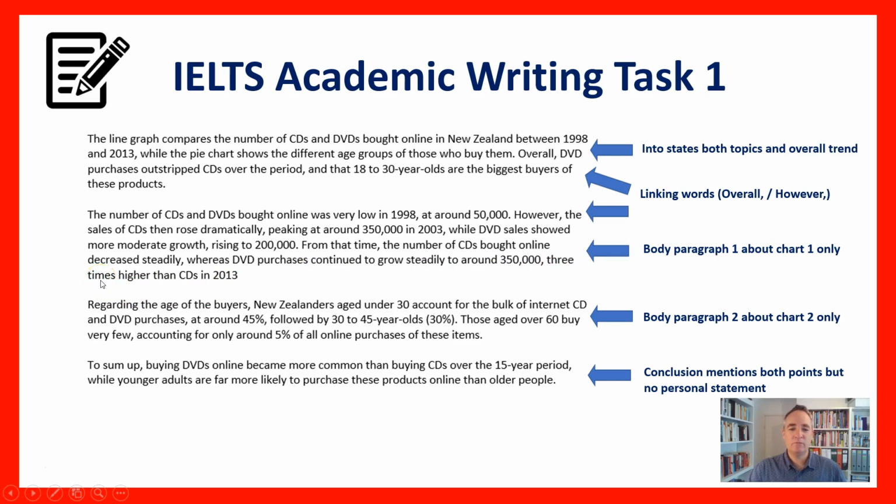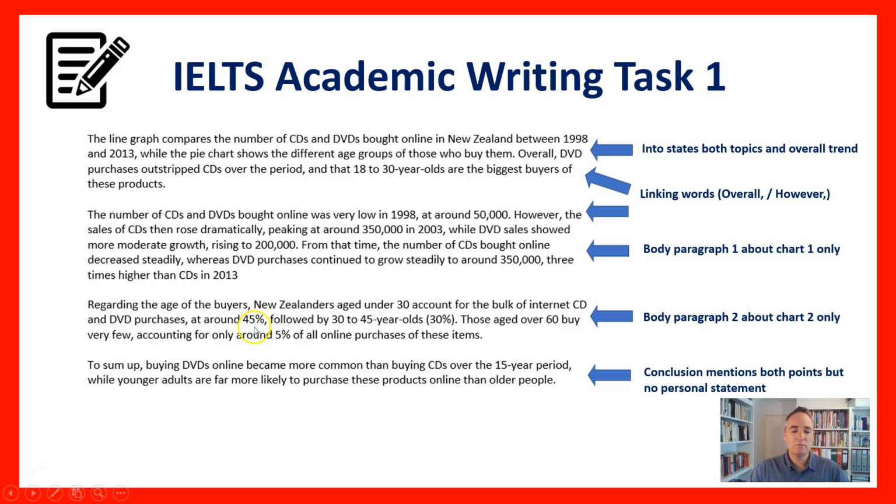I'm grouping information, or I'm saying it in different words. Of course, I'm not just copying the words that I find on the chart. I'm making my interpretation. Body paragraph 2, regarding the age of the buyers: New Zealanders aged under 30 account for the bulk of internet CD purchases and DVD purchases, around 45%.